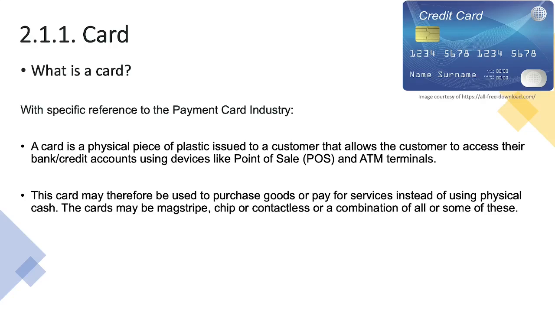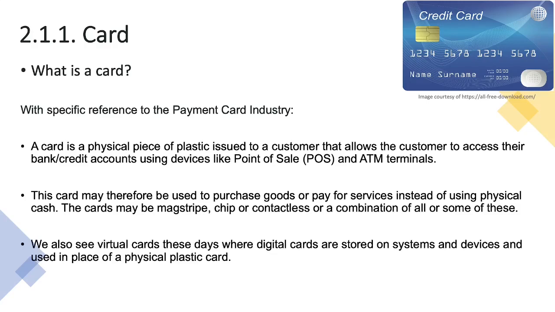It is safer than carrying cash, and it is more secure because there is some form of verification to ensure that the person making the transaction is actually authorized to access that pool of funds. Cards may be magstripe, they may be chipped, they may be contactless, or they may be a combination of all of these.